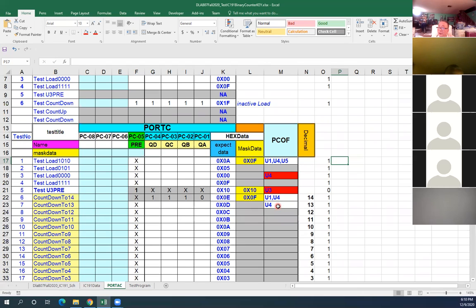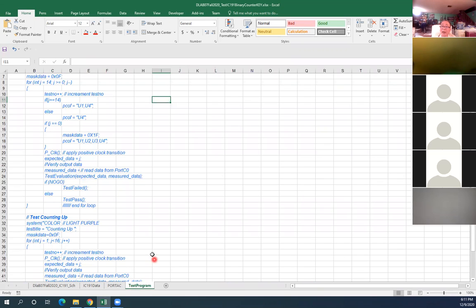However, for the rest of the counting, you want U4 only. Can you follow that? That means you must be using the if statement inside the test program. Maybe I'm not loading that program. I do.